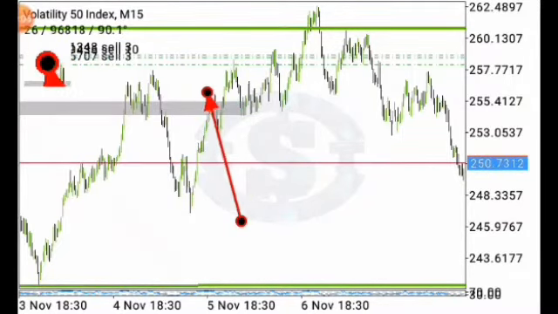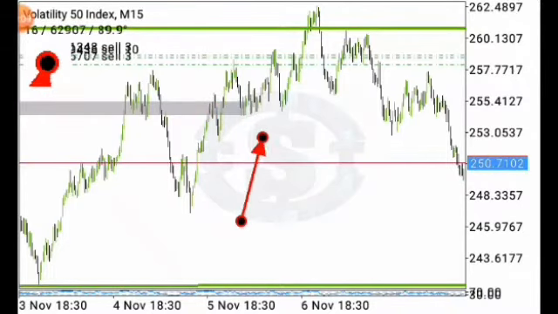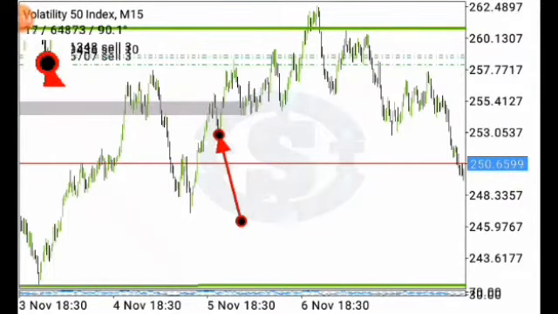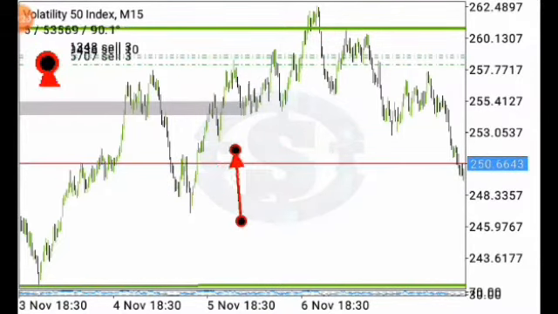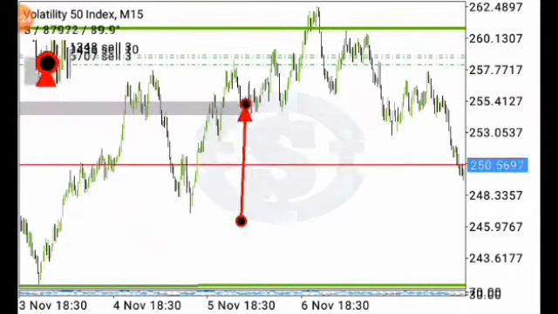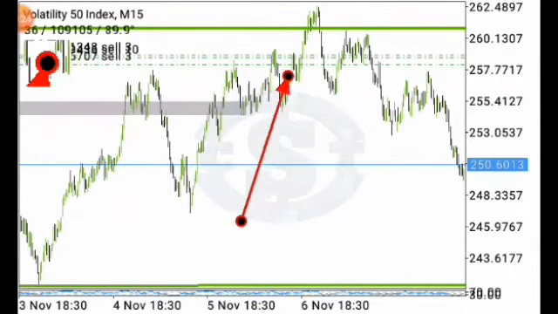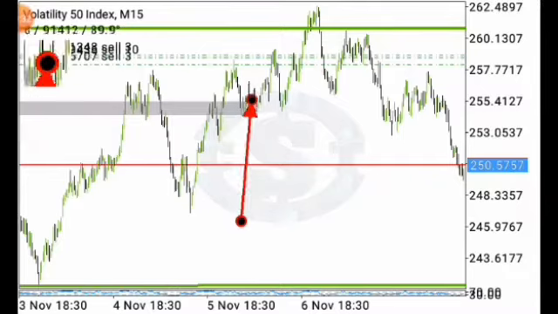Impulsive move up, correction move down. Impulsive move up, correction move down. Impulsive move, correction move. That is how the market moves in an uptrend. It makes an impulse leg up, correction down, impulse leg up, correction down. All right, then impulse leg up. So that's where we have an uptrend right here going into the structure.